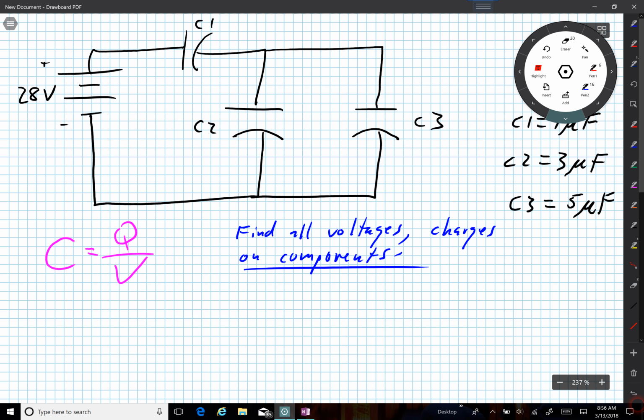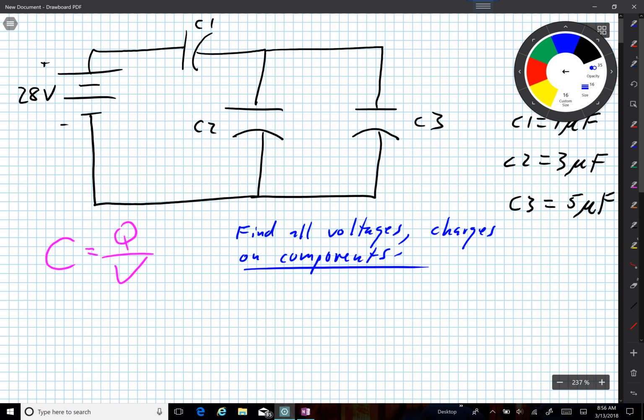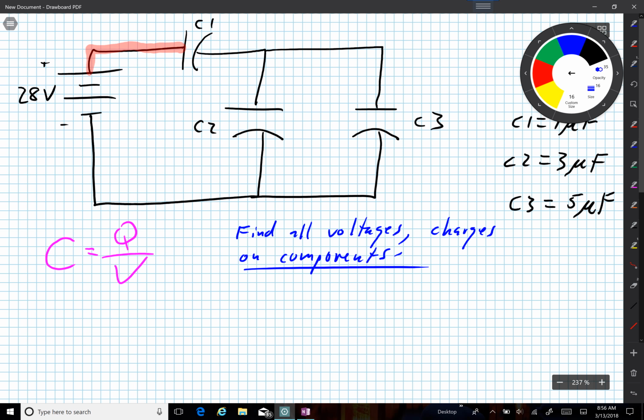So anyway, let's start, and I can't stress this enough, that we need to draw these colors. All right, so here is my hot color. Then I alternate.